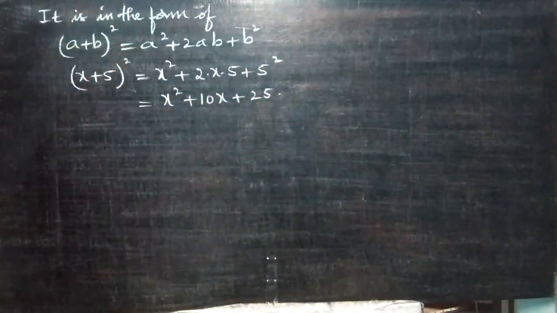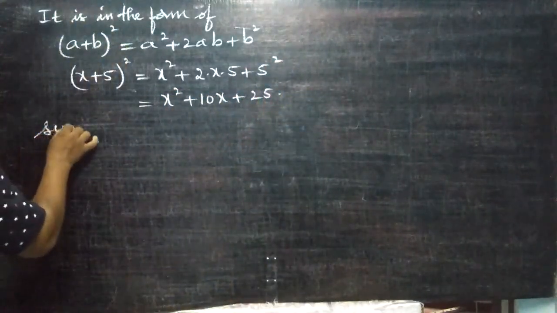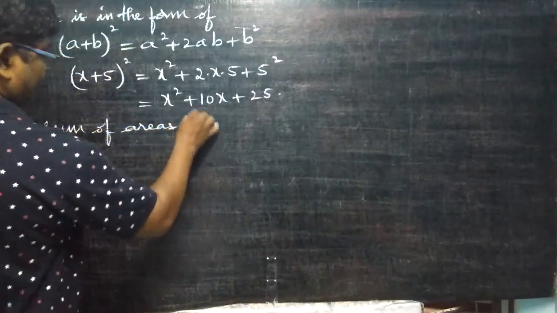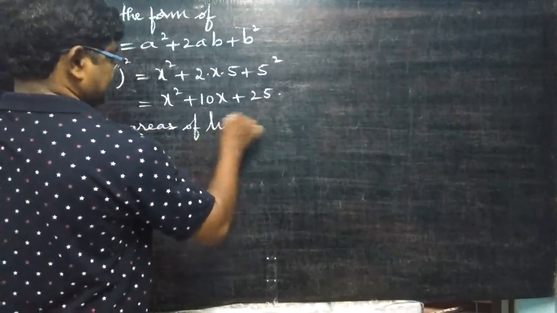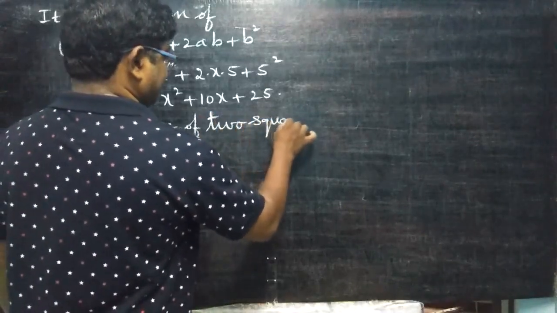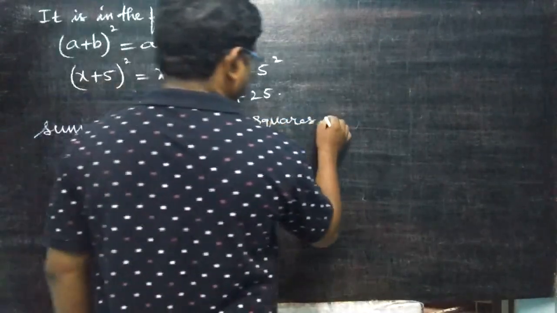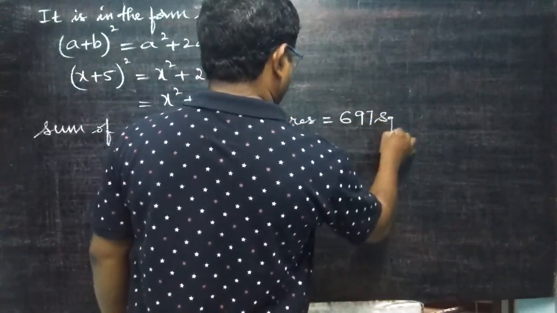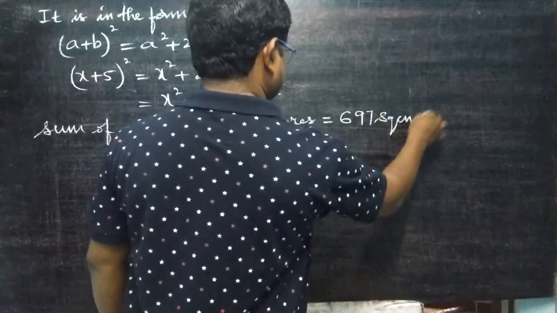Now they are telling the sum of the areas of the two squares, first square and second square, is equal to 697 square centimeters.